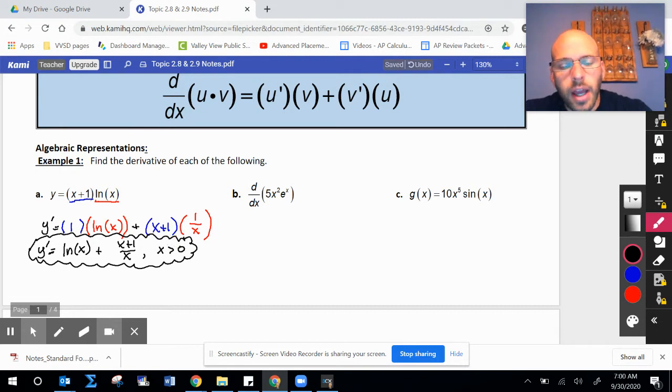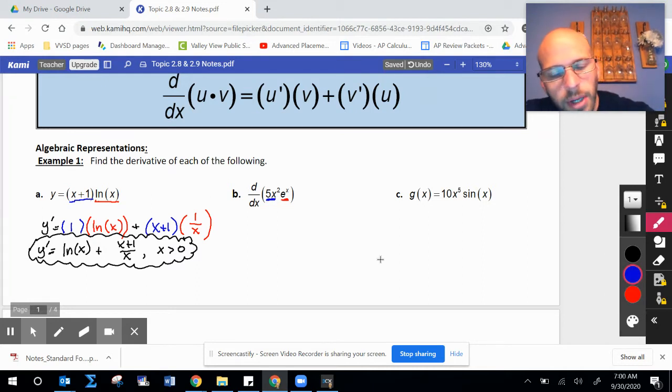Now, let's do it again, slowly. I'm going to take the derivative of this product, so I'll underline my two pieces here. I have a 5x squared, and I have an e to the x.